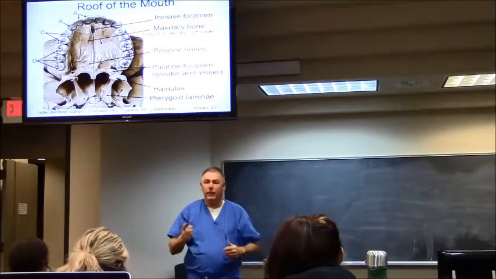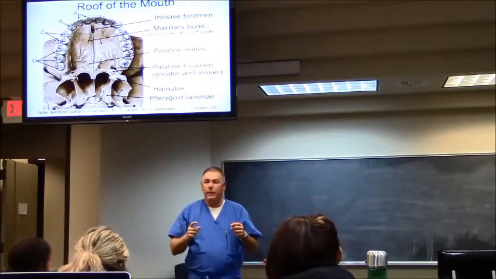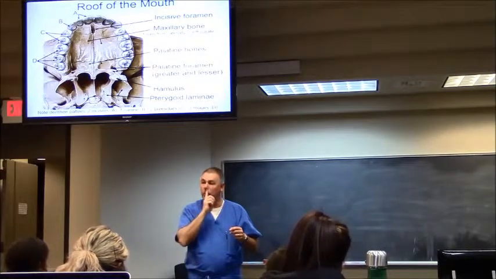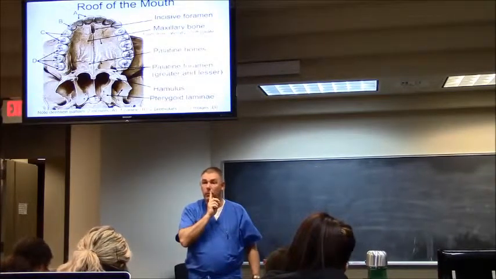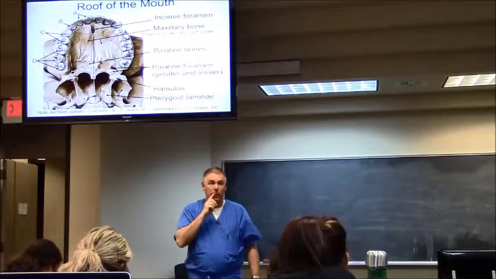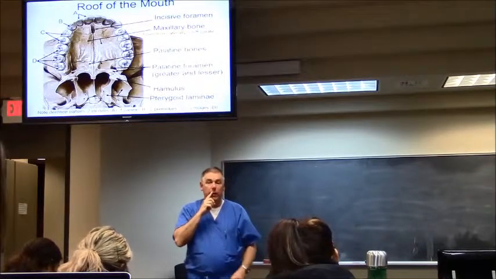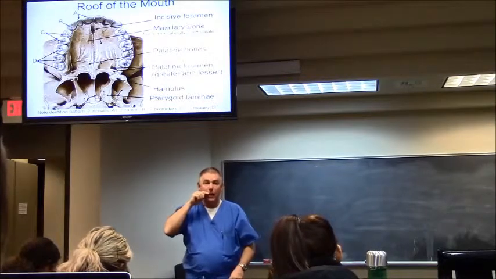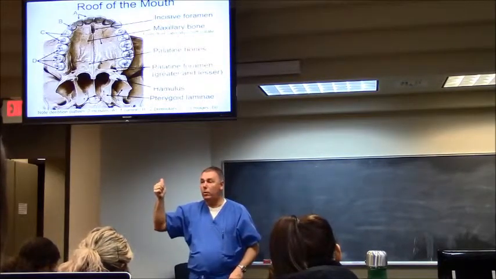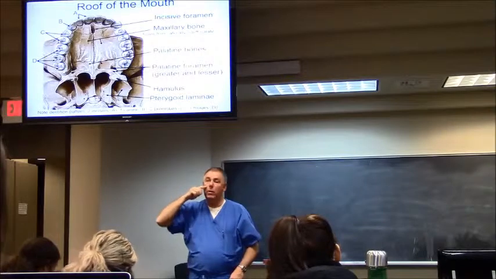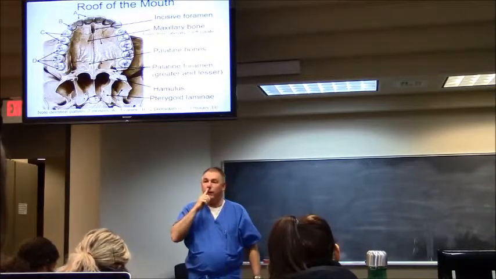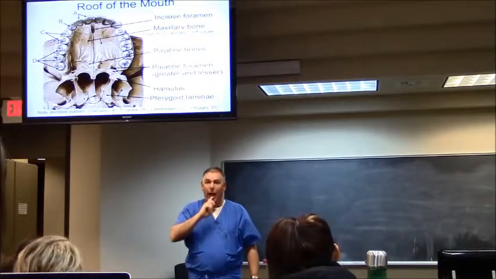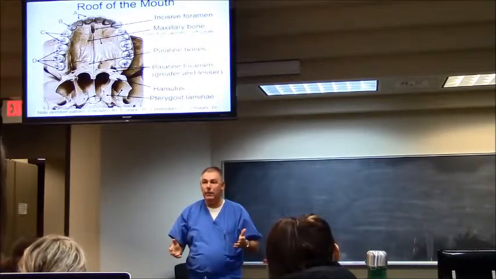So in cleft lip, the non-union is along one of those lines, or even both. That non-union of the maxillary bone can extend into the oral cavity, so a cleft lip can extend into a cleft palate.